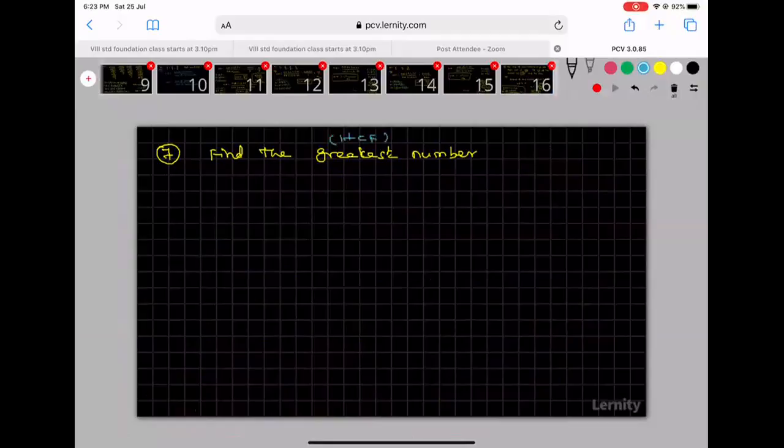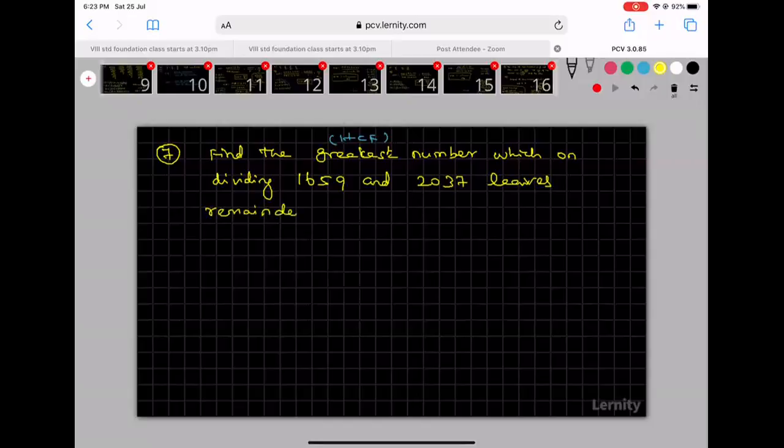Find the greatest number which, on dividing 1659 and 2037, leaves remainders 8 and 5 respectively.